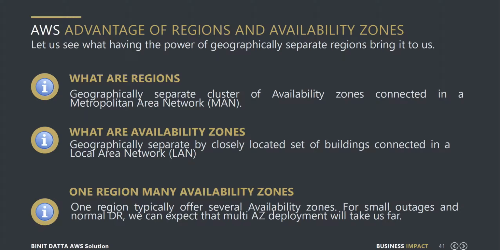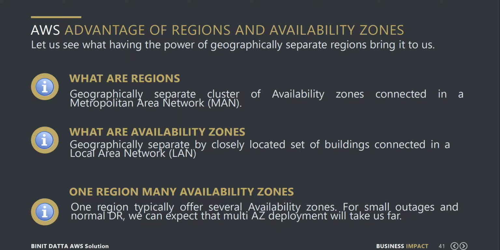That's one availability zone. South of the city maybe another availability zone, with another 10 buildings. Those 10 buildings will be separate from each other but connected in a LAN. And then availability zone 1 in the north of the city and availability zone 2 in the south of the city will be connected through a WAN or metropolitan area network.